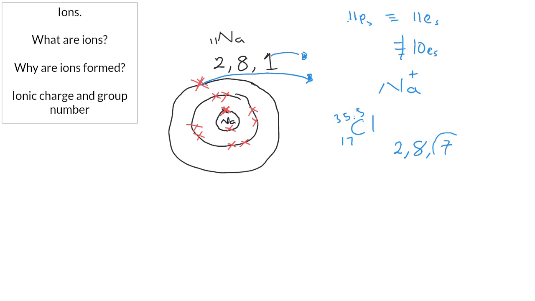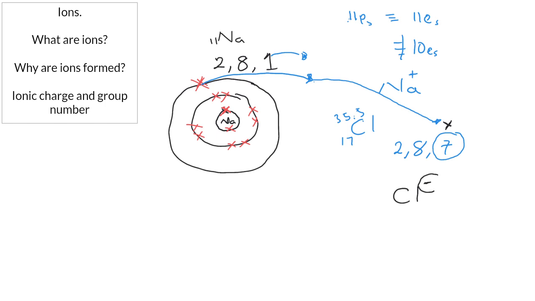Now, you see, in this case, chlorine will not lose 7 electrons, but it is able to gain an extra electron that is coming from sodium. So if chlorine gets this extra electron added to it, you see now that there are more electrons than protons. So chlorine will become negatively charged.